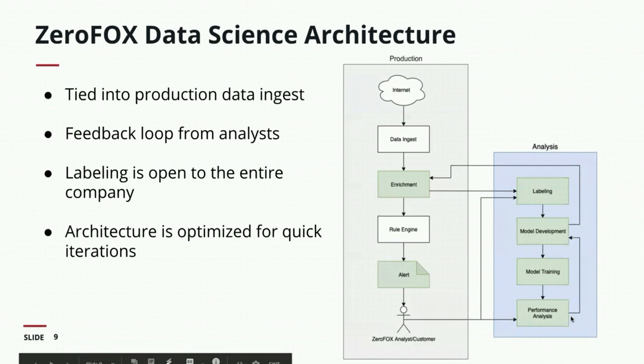And from there, we're able to take that labeled data and feed it into our training, validation and test sets. This gives us an interesting feedback loop for our models, in that we're able to take this labeled data done by customers, put that into a data set for our model, use that to retrain and test our models, and then update our models with that new training data and release that in production. So we have this feedback loop where content comes into the system, an analyst or customer labels it, and it flows back into our training set, and that helps us to further refine our models.